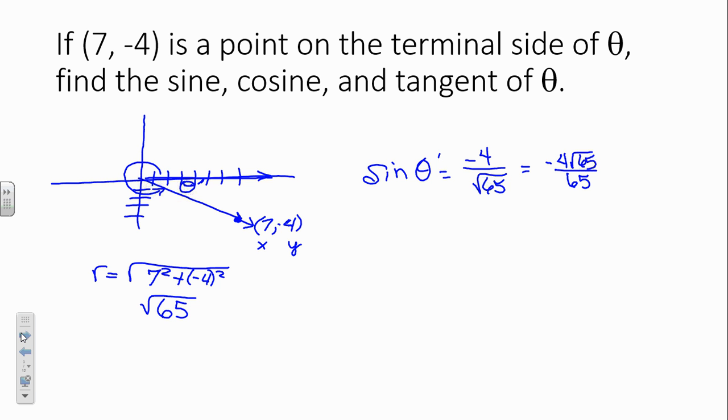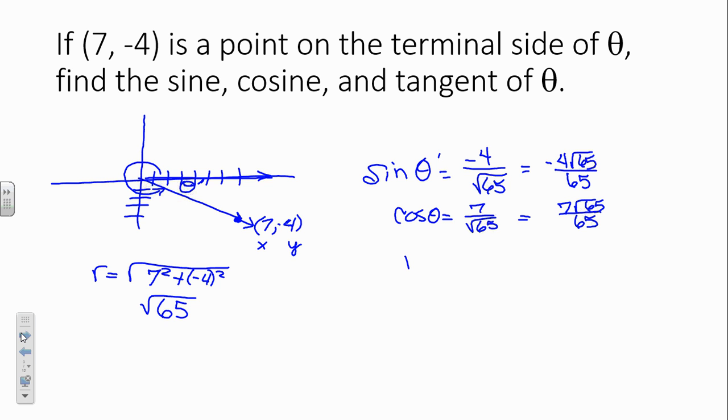The cosine is always x over r. So the cosine of theta is going to be the 7 over square root of 65. And that's 7 square roots of 65 over 65. And then tangent is still y over x.